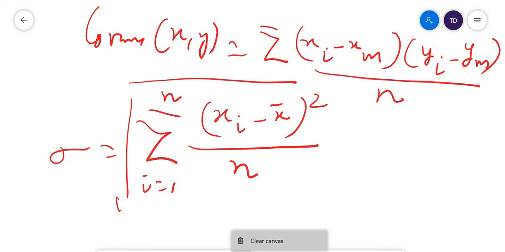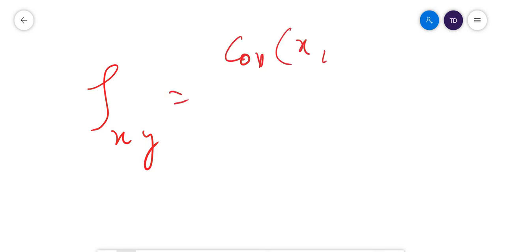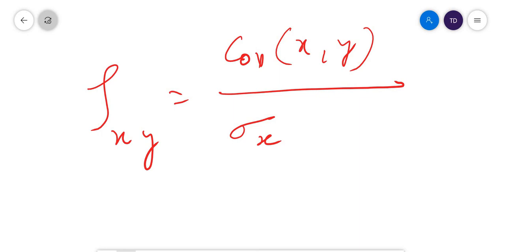Now the equation for the Pearson correlation coefficient is denoted by the letter rho. For the two variables, rho of x and y is equal to the covariance between x and y, which I have already told you, divided by sigma x, the standard deviation of x, times sigma y.